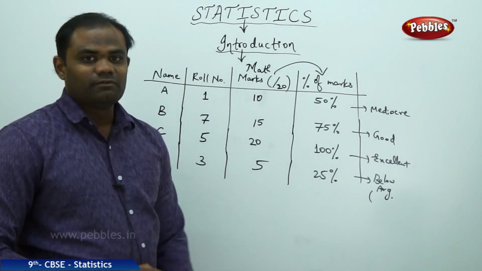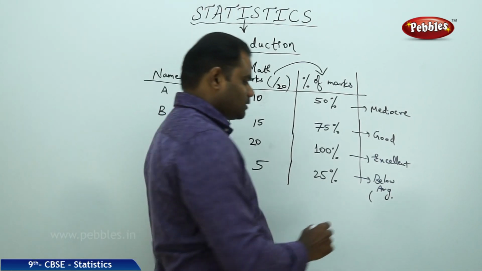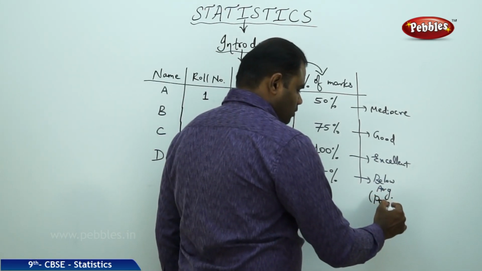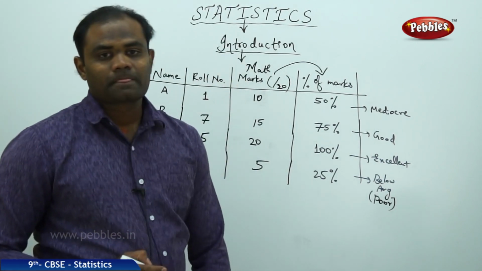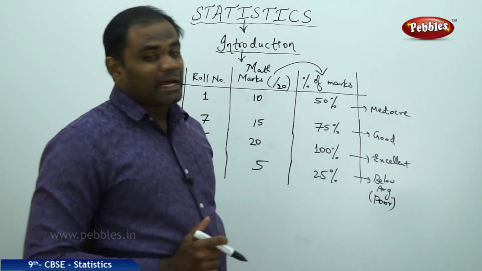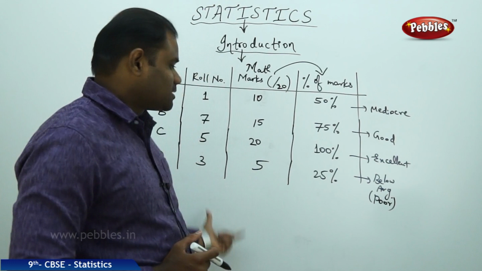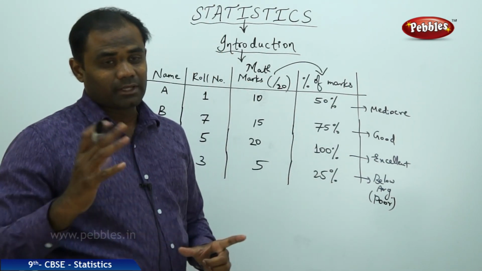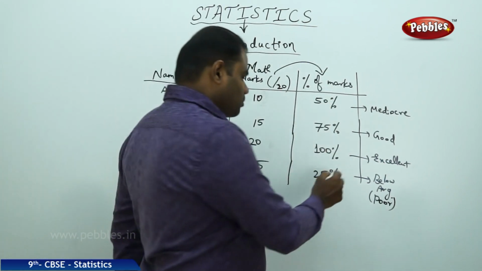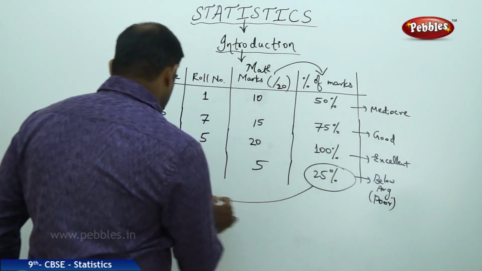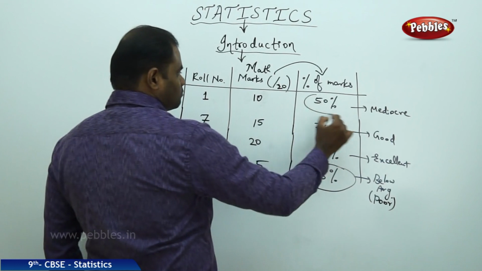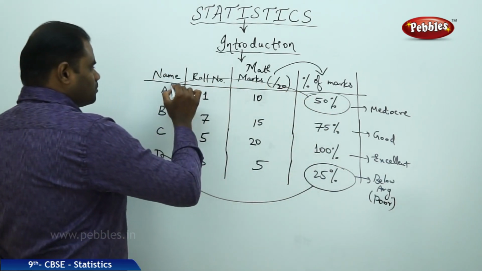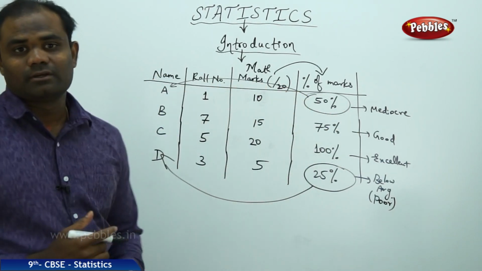So here we try to give the different names as here, poor or very poor. So the teacher gets an idea with this statistical data that the marks which the students have obtained can be rectified and then proper care taken for student D, and improvisation principles applied for student A.